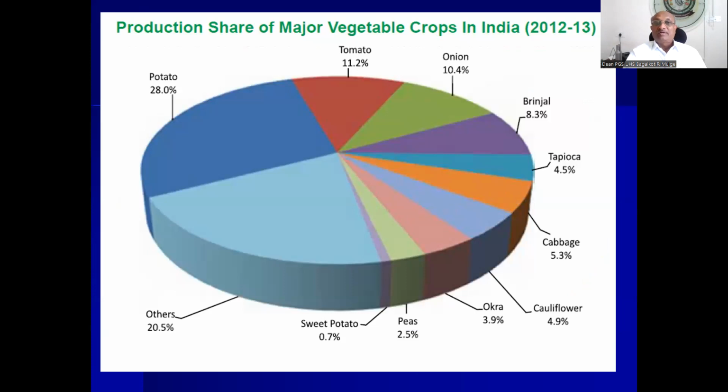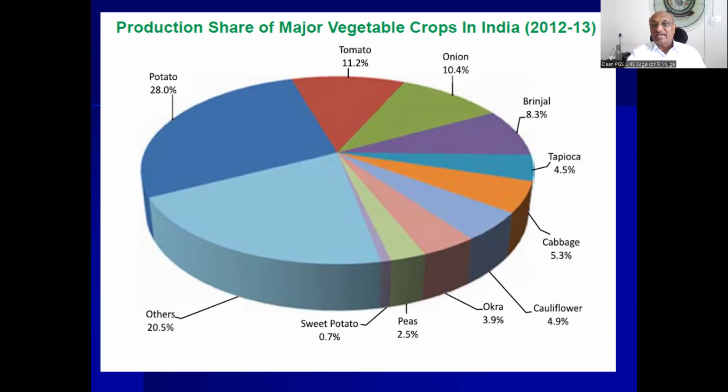Which are the important crops? These figures can vary slightly if you take the latest figures, but it doesn't matter, as the ranking is almost similar. Potato is number one, with the highest production share. Second is tomato, third is onion, fourth is brinjal.